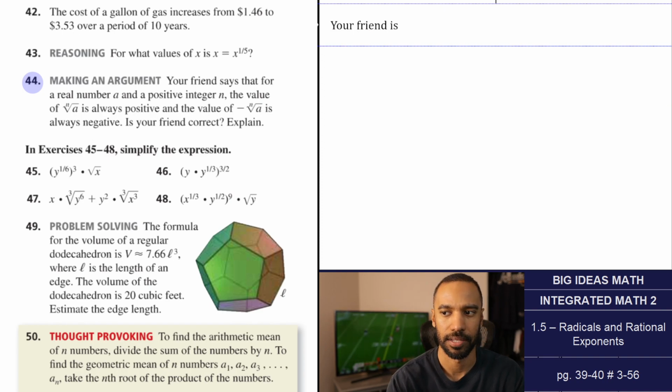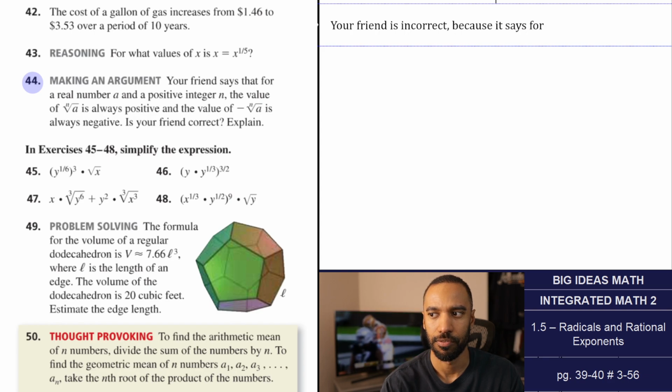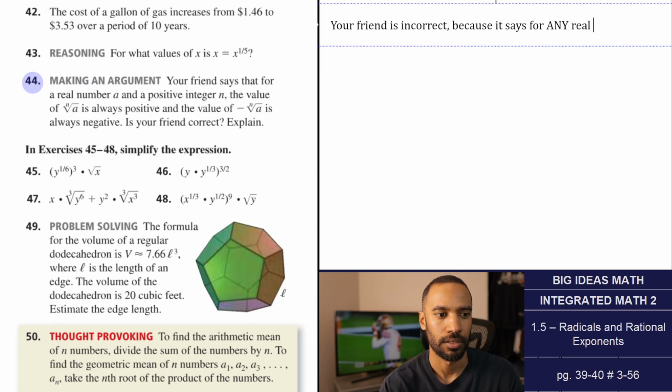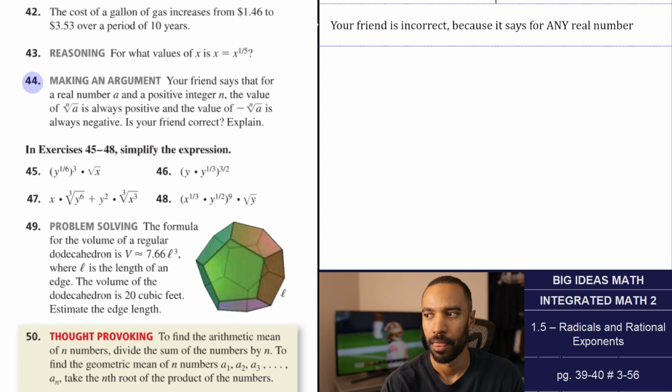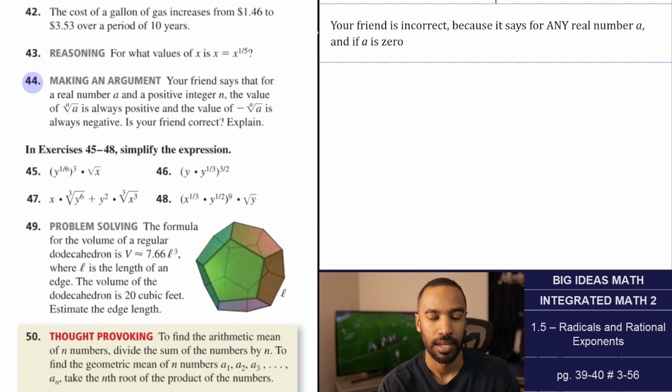Your friend is incorrect because it says for any real number a. And if a is 0, let's start with the easy one. If a is 0, then those values aren't positive.